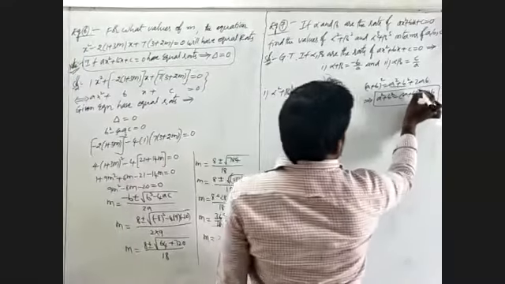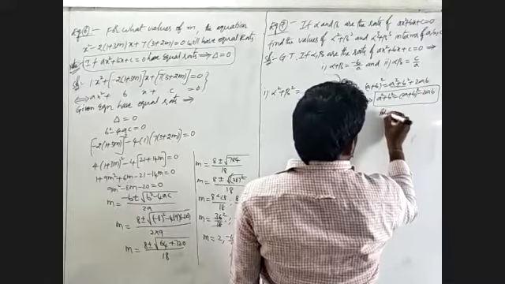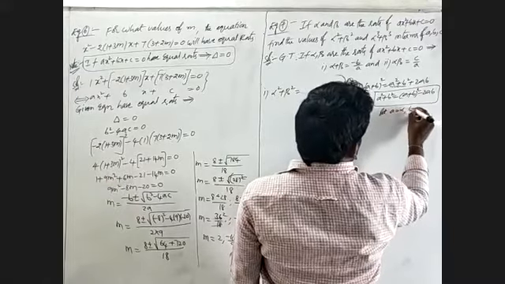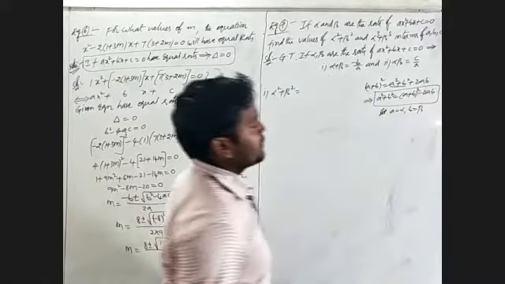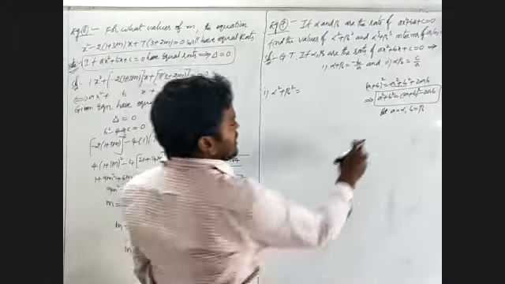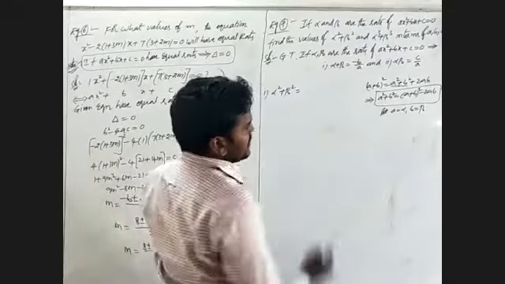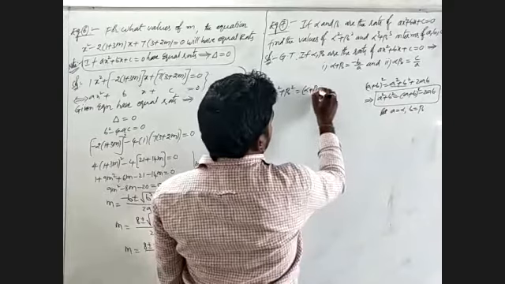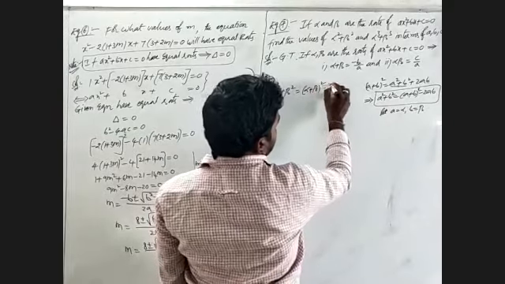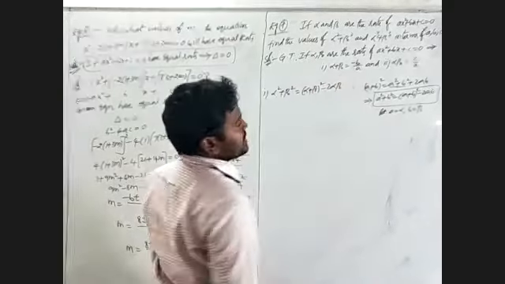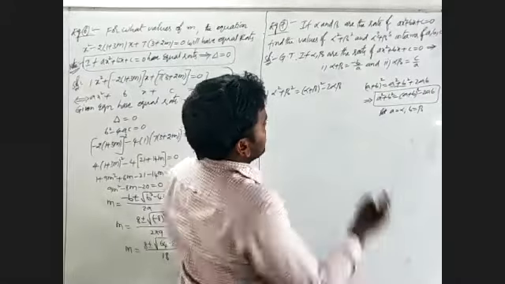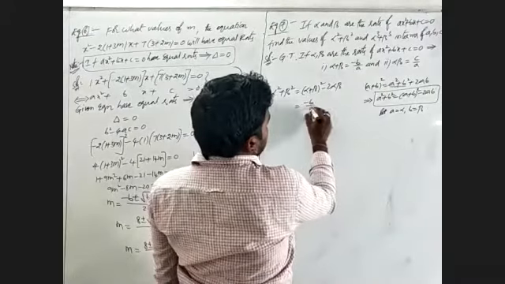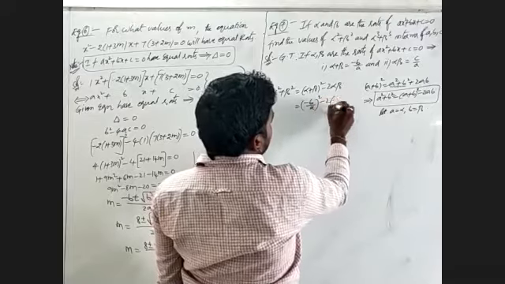Here also let a is equal to alpha, b is equal to beta. I will write alpha square plus beta square is nothing but alpha plus beta whole square minus 2 alpha beta, where alpha plus beta is nothing but minus b by a: minus b by a whole square minus 2 into c by a.